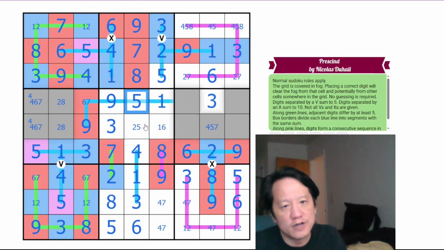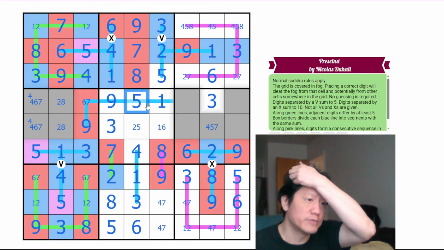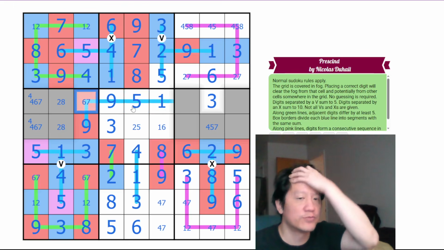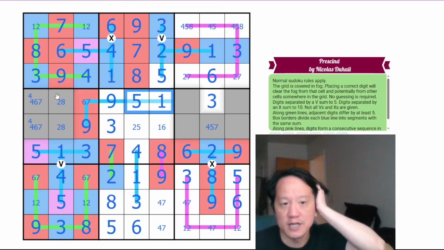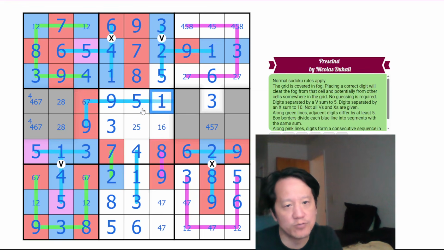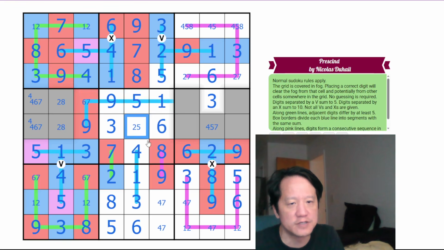You can't have 2 here, because 2 and 1 add up to 3, which can't be there, and 2 and 6 add up to 8, which can't be there. 5 and 7 would add up to 12, so it's 5 and 1. So this is 6, that's 2. That makes this 6, so this is 7, which makes this 6.